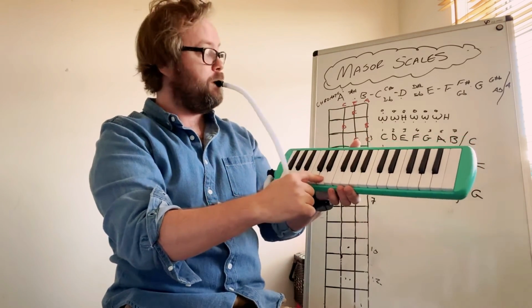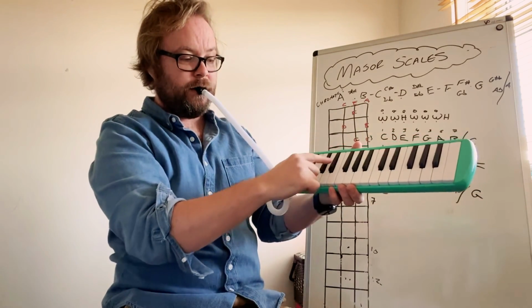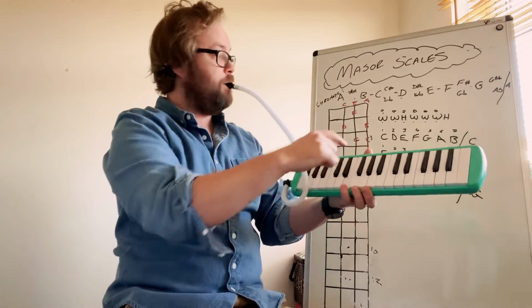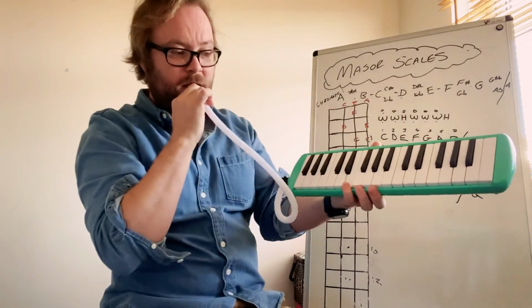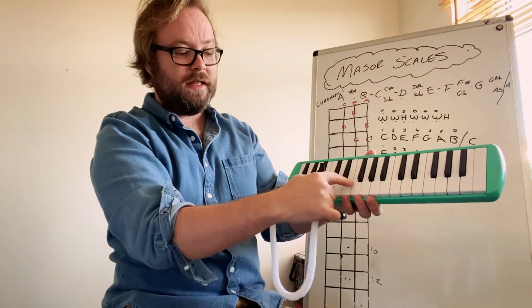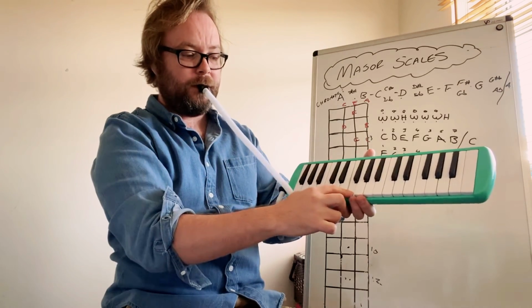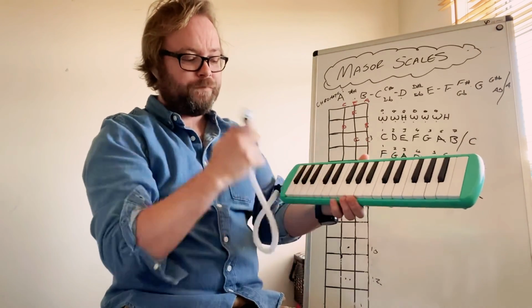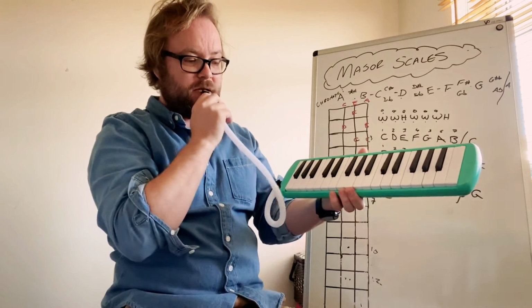D. Another whole step, two movements. E. The next one is a half step. Notice there's no black key there. So a half step takes me to here. And you'll see as I go along that the key of C major has no sharps or flats in it at all.